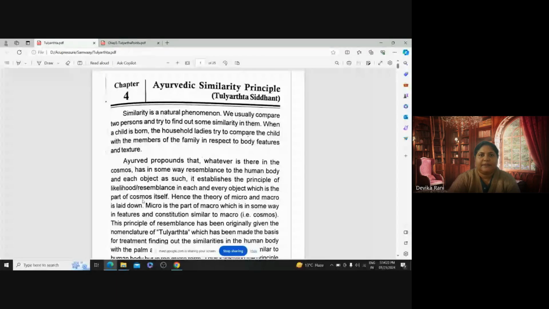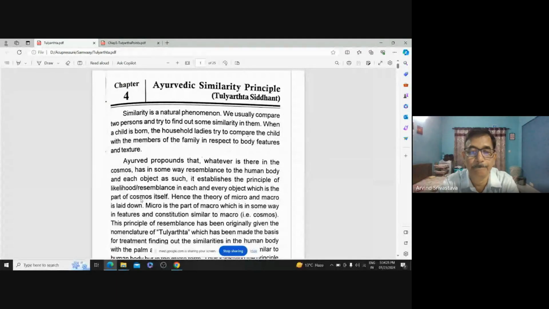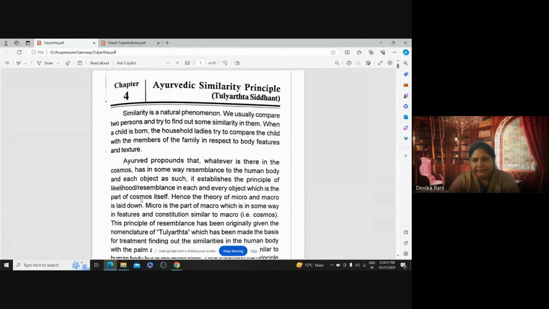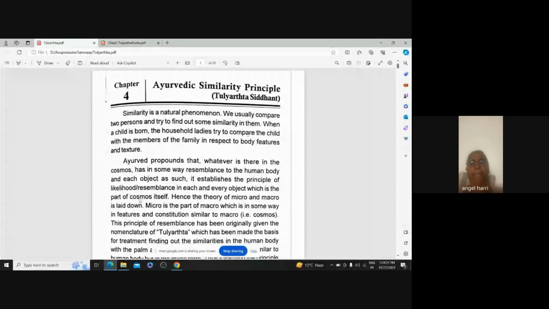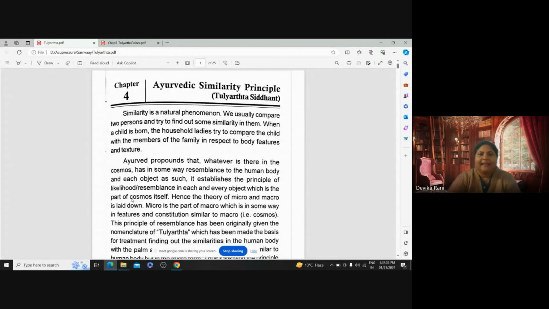Let me start sharing. Are you able to see the screen? Is everybody able to see the screen? I am seeing. Yes. Okay, thank you very much.